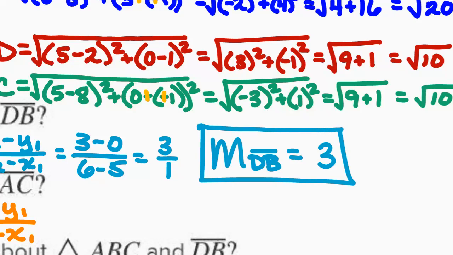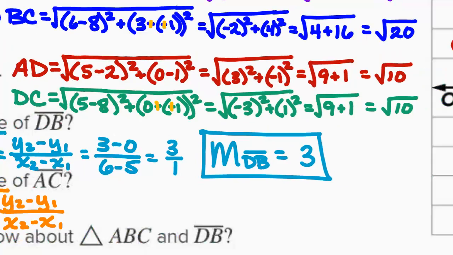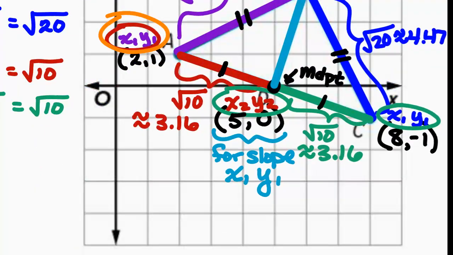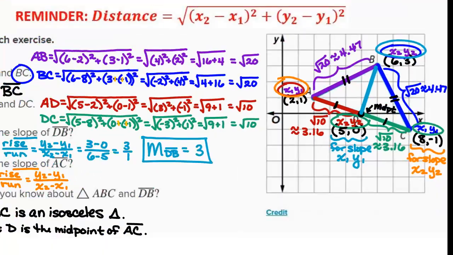Now we're going to do the same thing, but for segment AC. I have these both marked as x1, y1. So I'm going to leave this one as my x1, y1 over here. Again, I'm just picking one. And for the slope, I'm going to let this be my x2, y2.